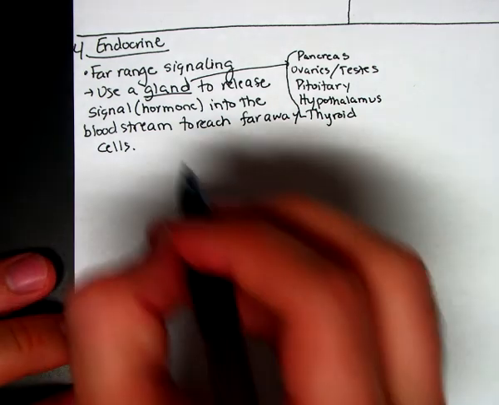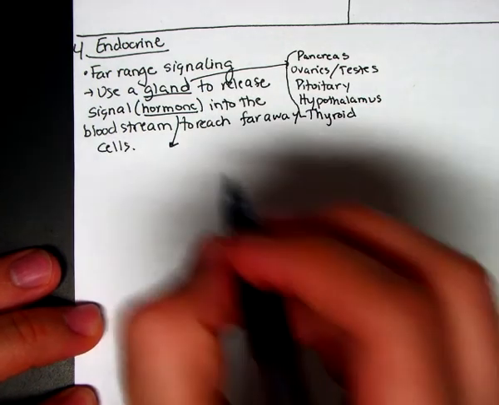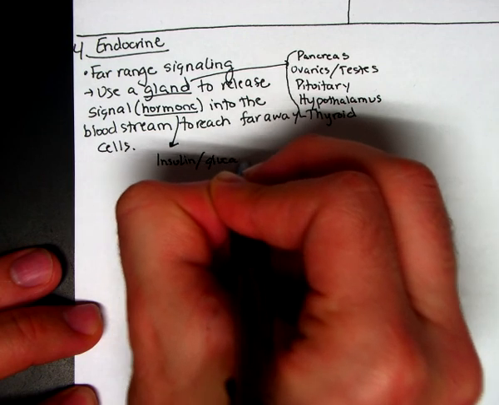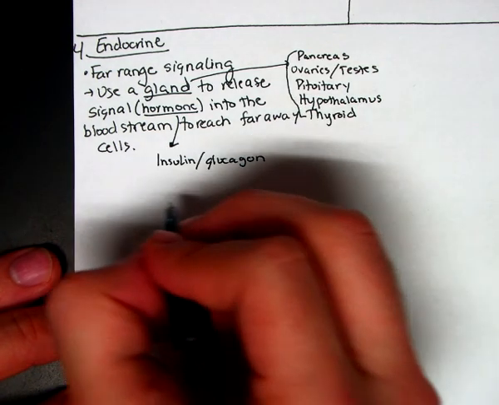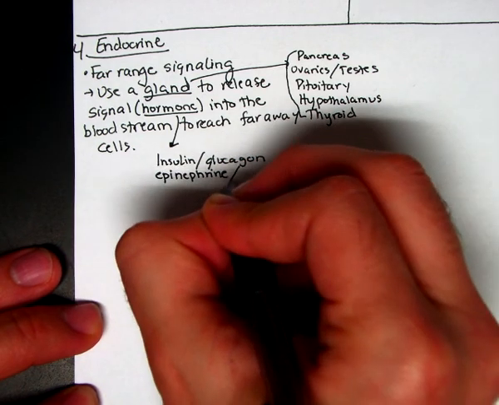Some common hormones. Common hormones include insulin or glucagon. We also have epinephrine, or it's also called adrenaline.